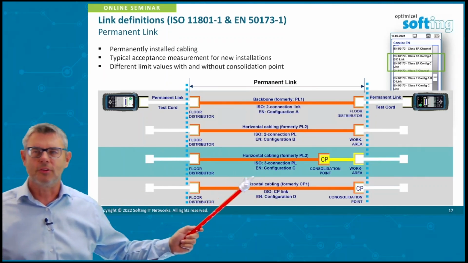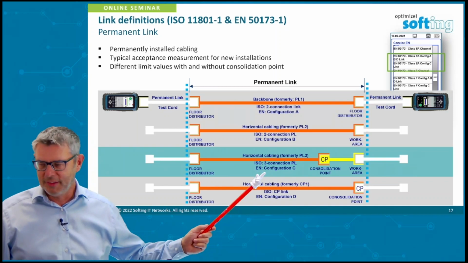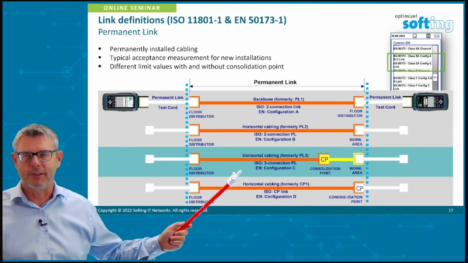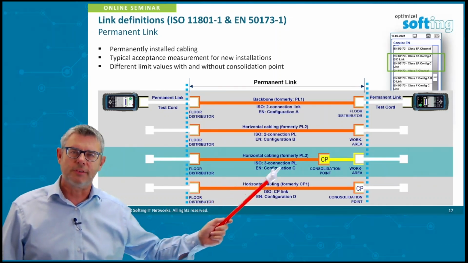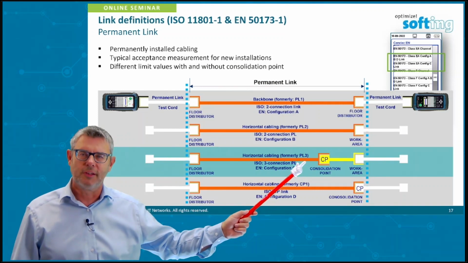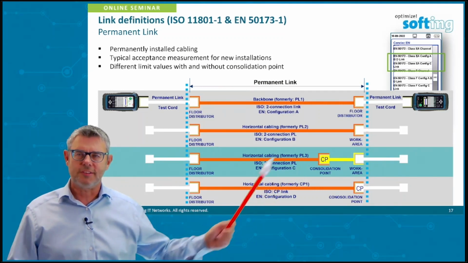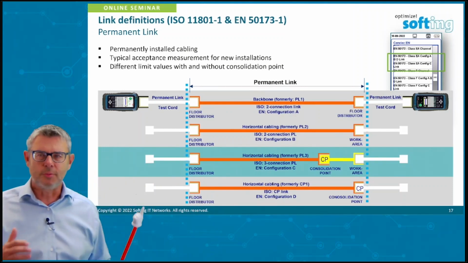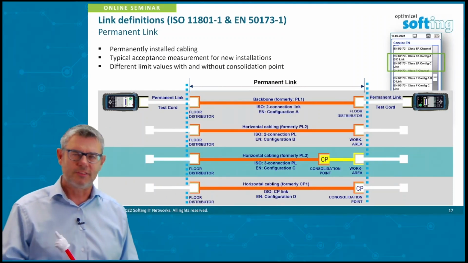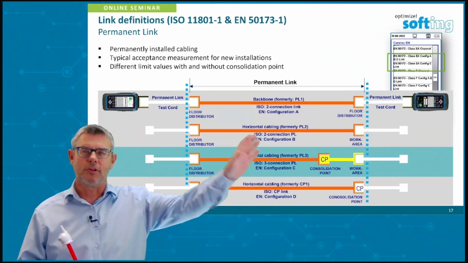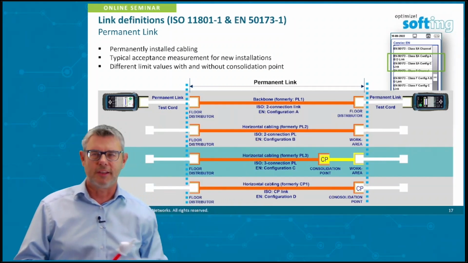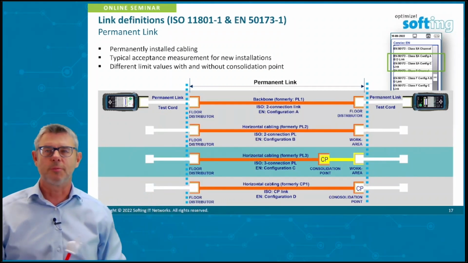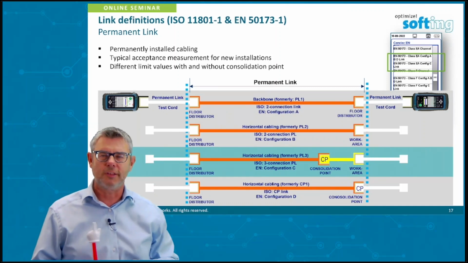Now we're looking at configuration C, or a 3-connection permanent link. What's the difference here? The difference is this one here, the consolidation point. The consolidation point sits in the room where the outlet will end up, and is a passive distributor sitting somewhere on the floor, in the wall, or in the ceiling. All the cabling coming from the floor distributor ends up at this consolidation point.